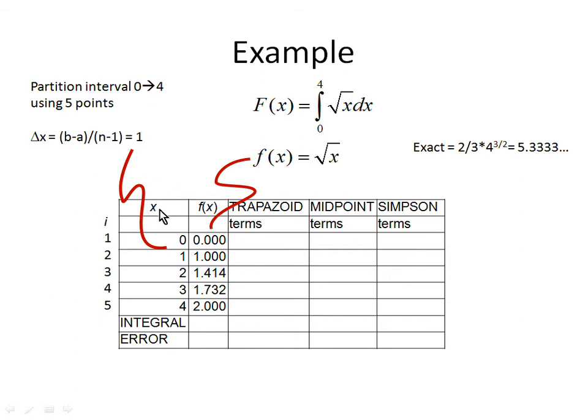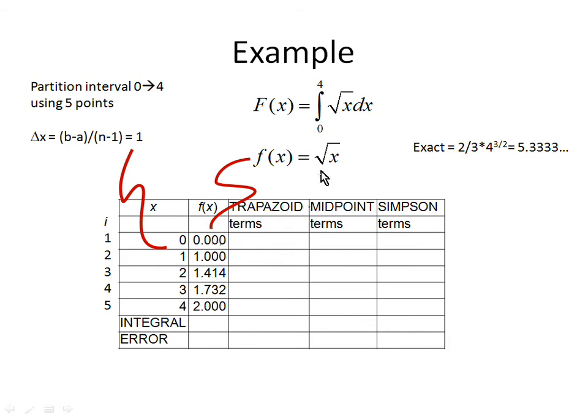So here are the values of x that we'll use, and I've just written in here the values of I, where we start at 1 and go through 5. So we've got 5 different points, and we can refer to them with this index I. We first determine what our values of x are, and then these values of x go in here and we calculate f of x, and these are the values here.